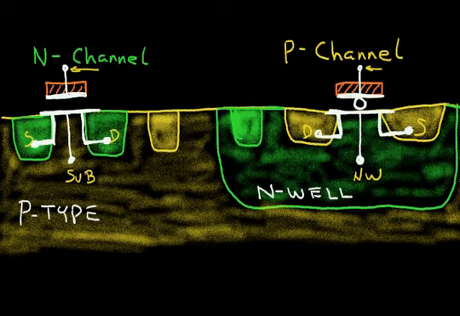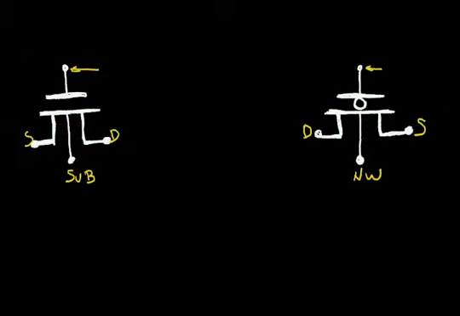Let's turn off the silicon layers and just view the symbols. So sometimes I find it very convenient to think of these symbols in terms of the actual transistor structure. For example, let me erase that little mark. For example, when I increase the gate voltage relative to the source, I like to think of forming an electric field here that inverts the channel region, and I get conduction between the source and the drain.